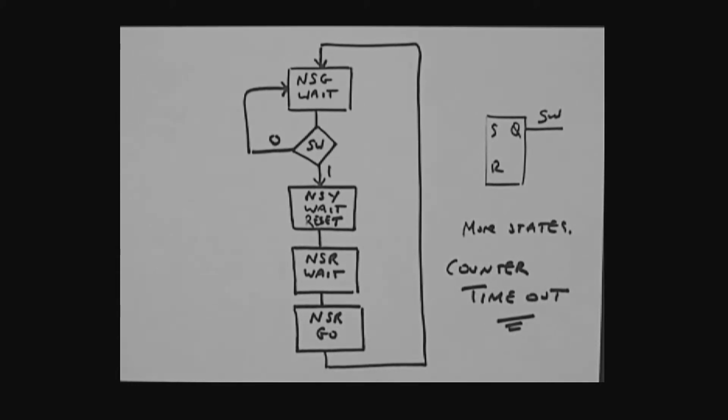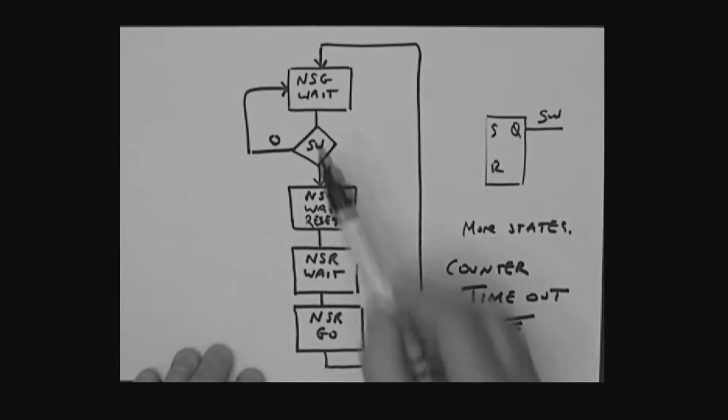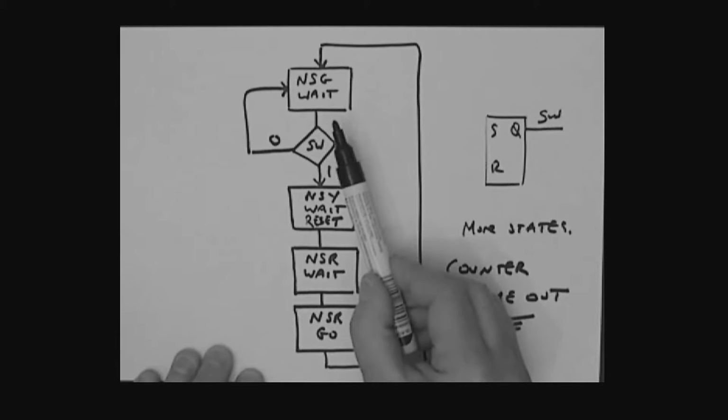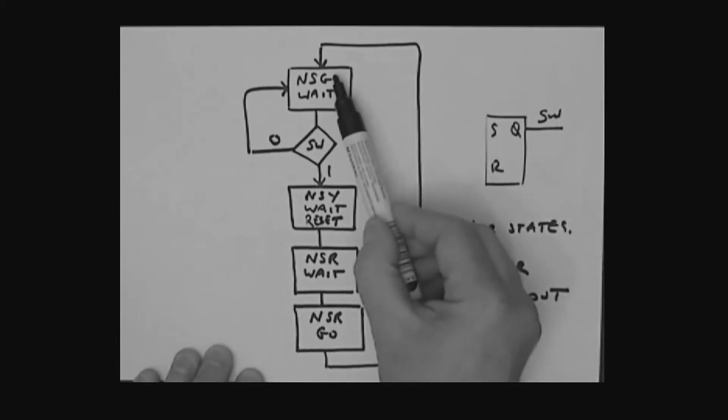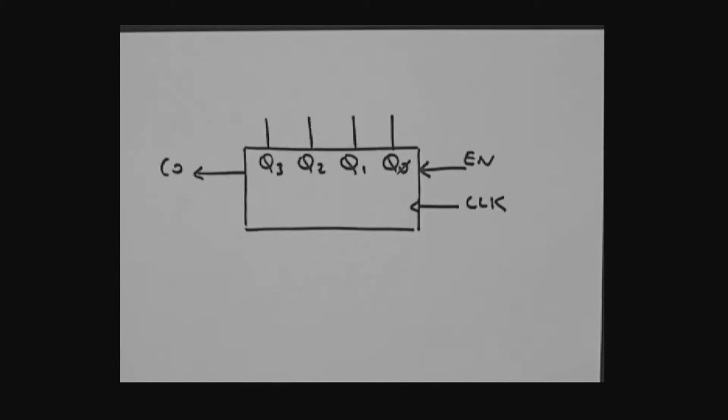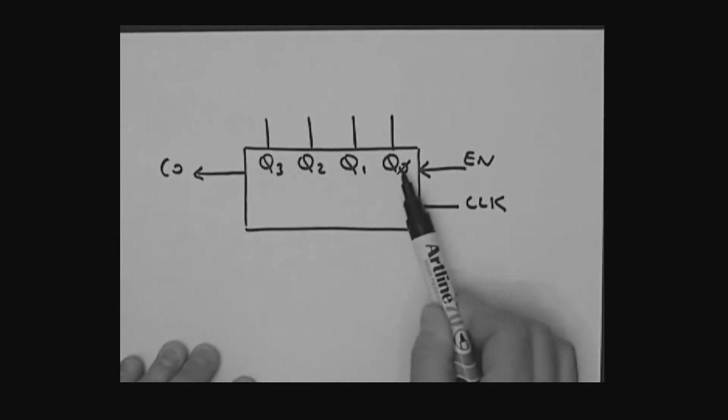Now once again, just to emphasize, when I put outputs in these rectangular blocks, I have to specify whether they're high acting or low acting. Right now, I'm assuming each of these outputs are high acting outputs. Okay? So let's have a look at a simple counter. A simple counter is a clocked device. In other words, it changes its state or its Q values every time you get a clock edge.